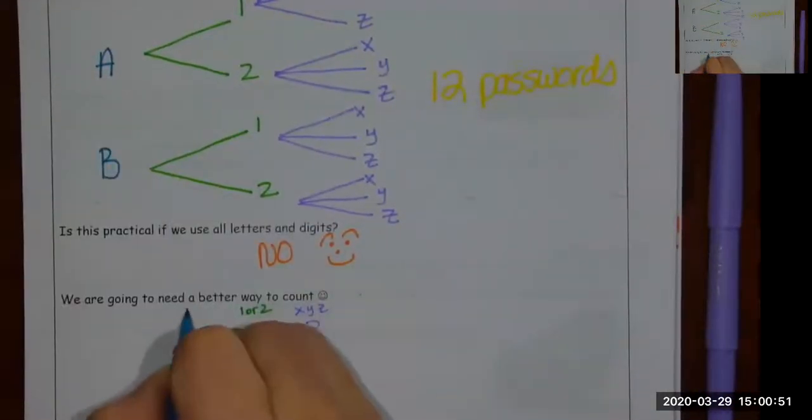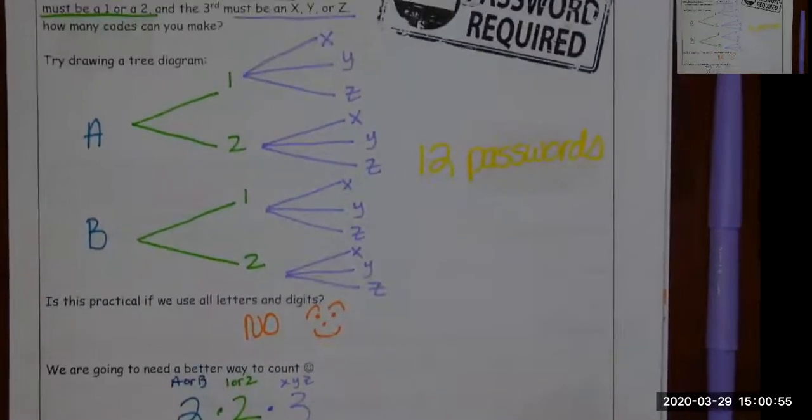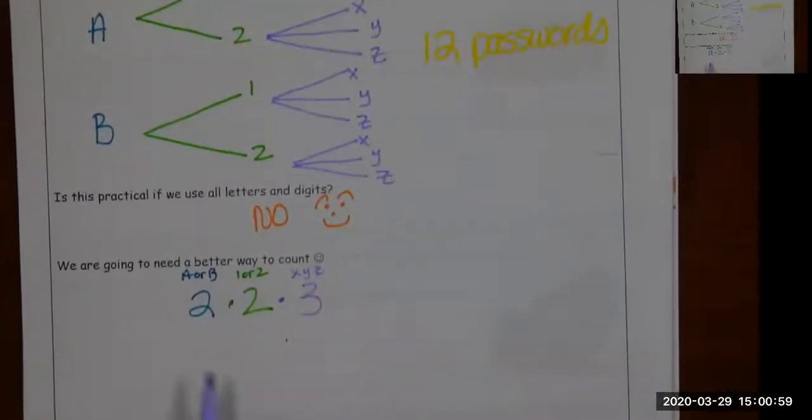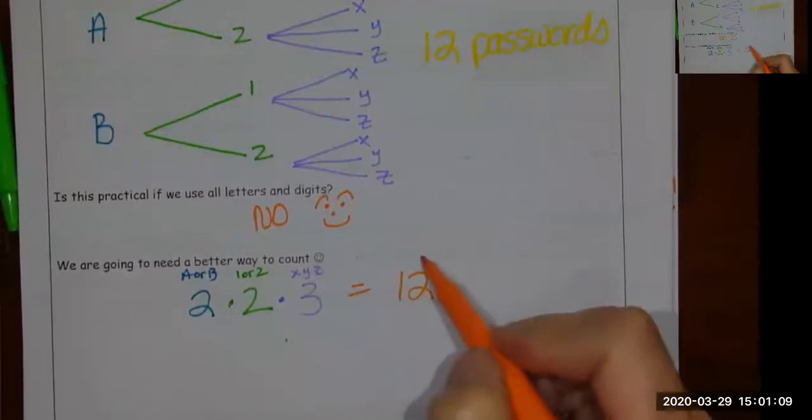And here we had A or B. So instead of drawing out this long tree diagram, all we have to do is multiply how many ways we have to get each one. And 2 times 2 is 4 times 3 equals 12.